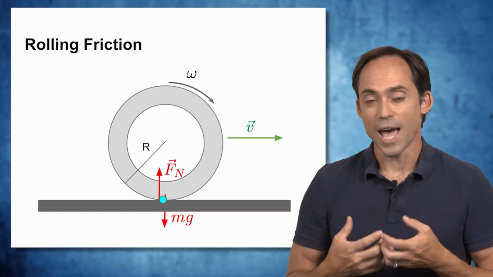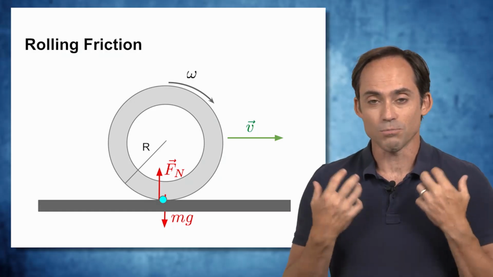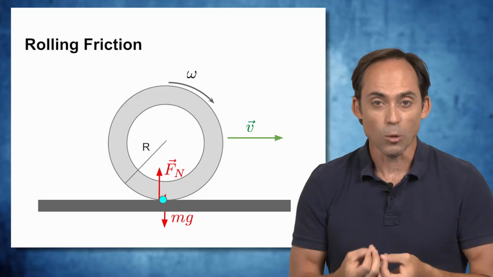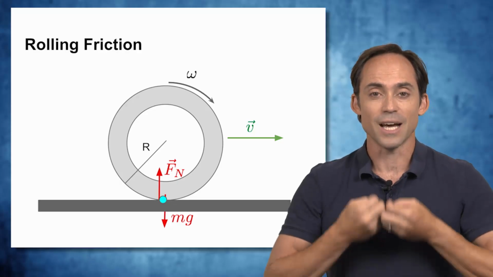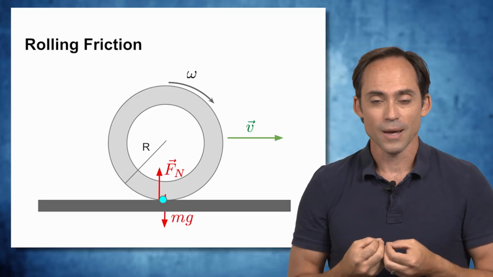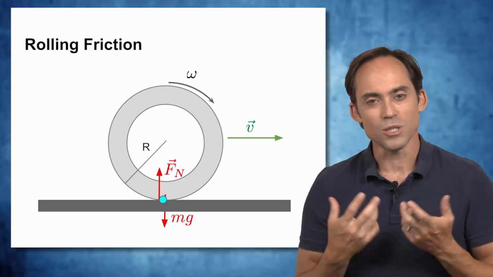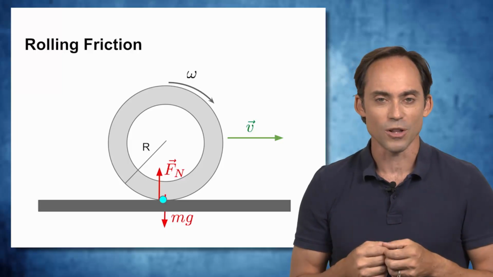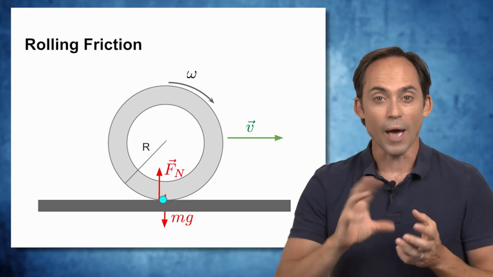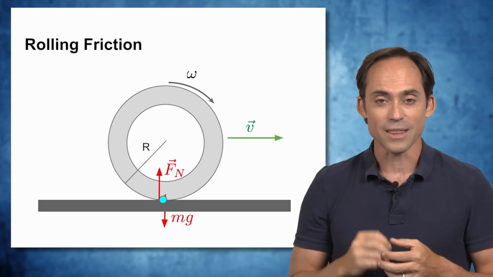Of course we have the weight of the wheel that's pulling it downward, and the normal force that the table is exerting on the wheel that's pushing it upwards. But which way does friction act? Well, this will depend a lot on the difference between the velocity and the angular velocity of the actual surface at that point.